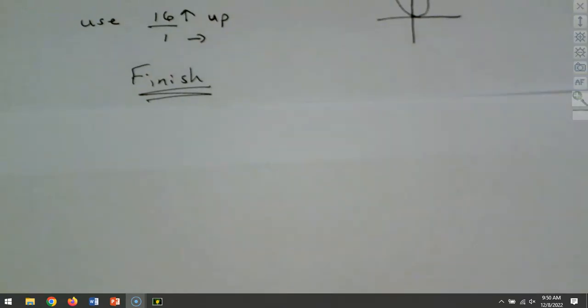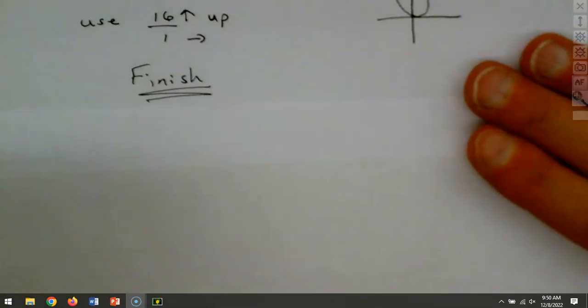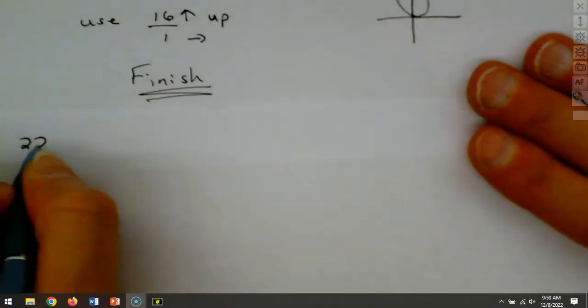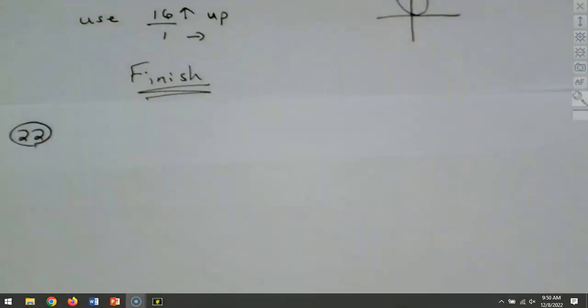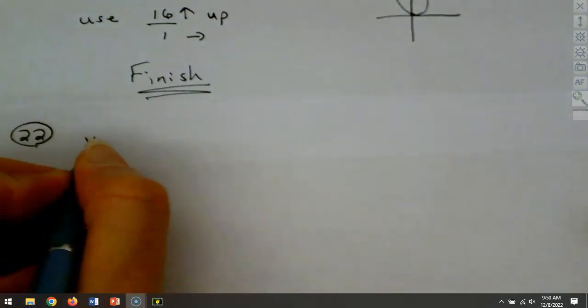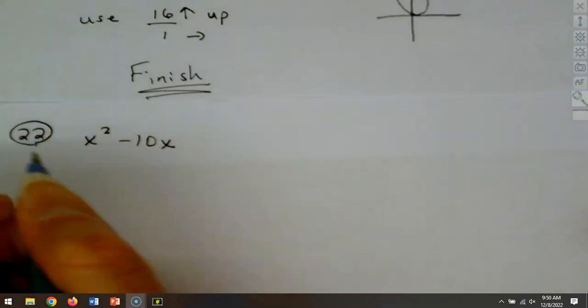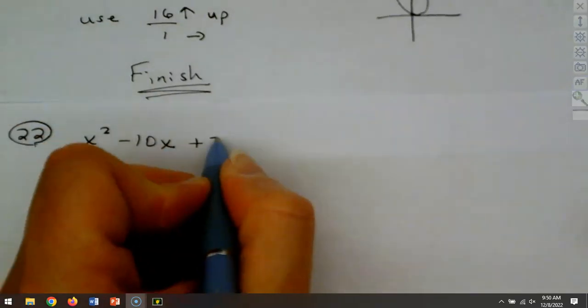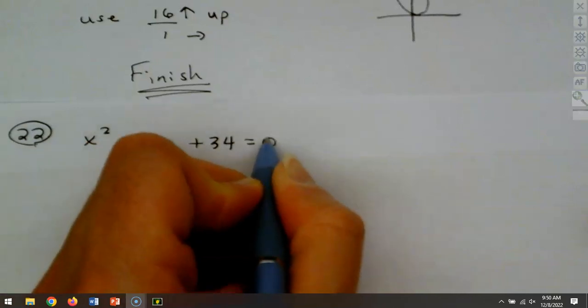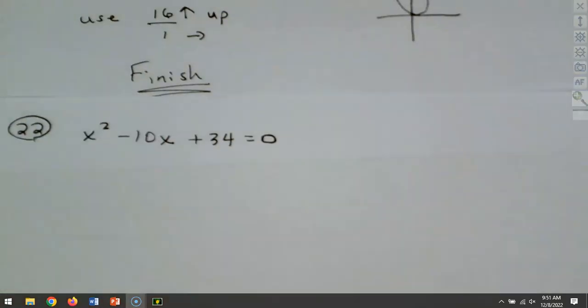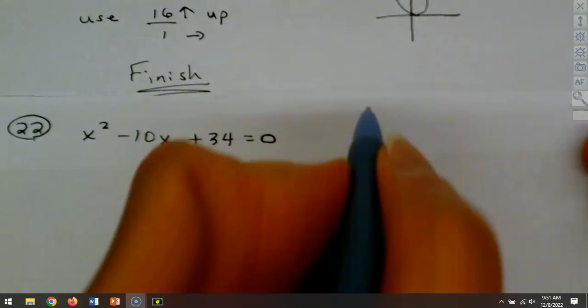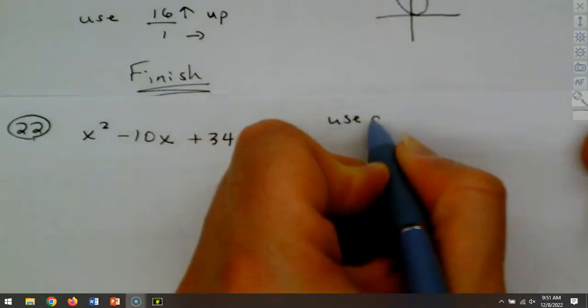Okay, so we added 22 to the list, so we'll look at 22 next then. And 22, we're going to use the quadratic formula.